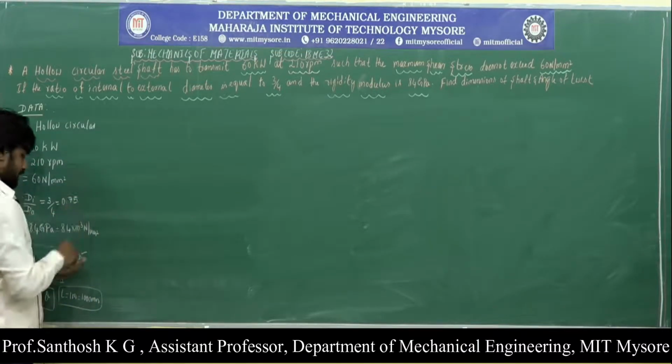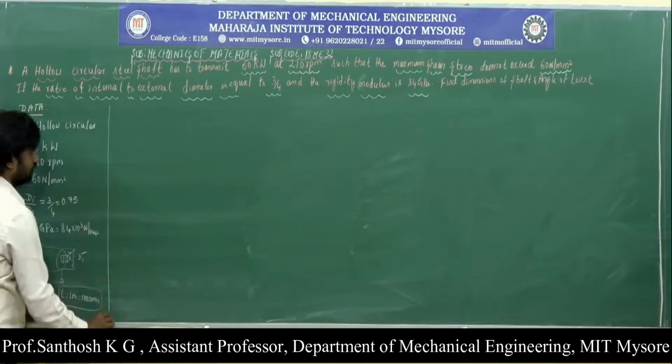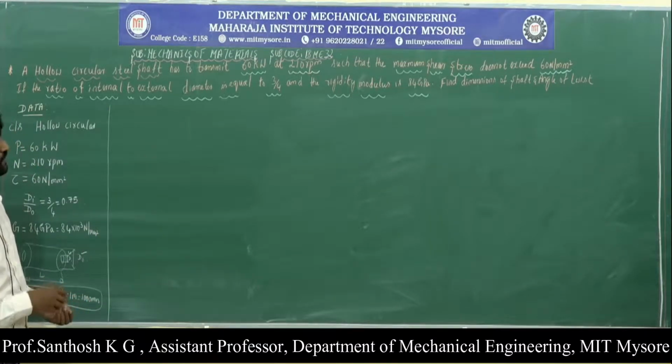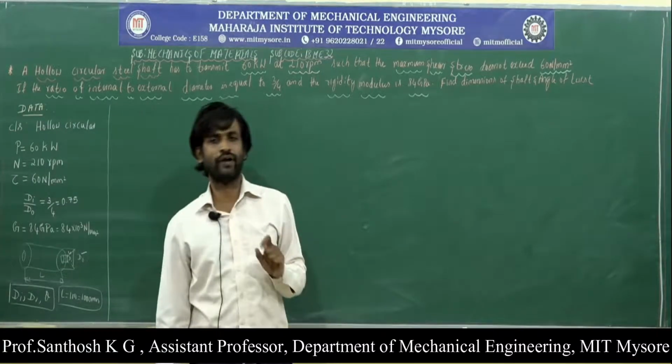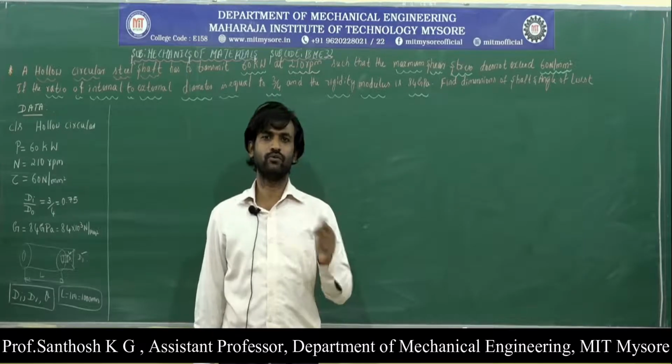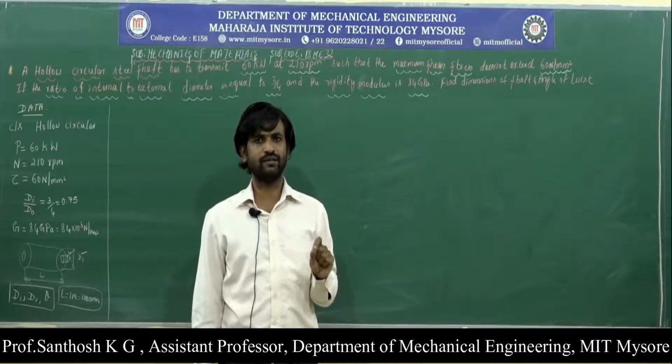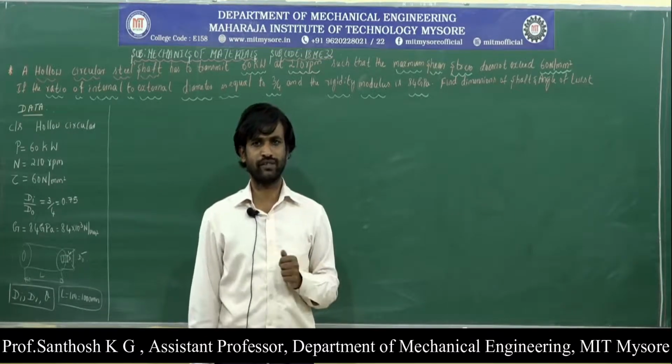Now let us try to calculate the required values. First we shall find the dimensions. In order to find the dimensions, we can use the strength equation as well as the stiffness equation.